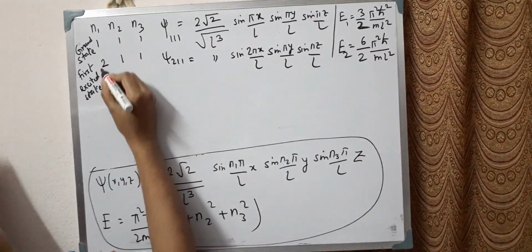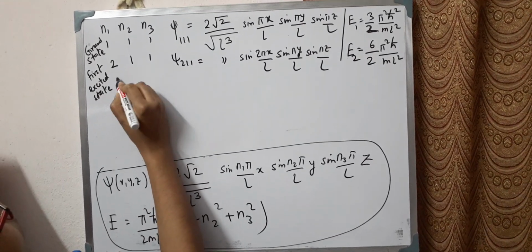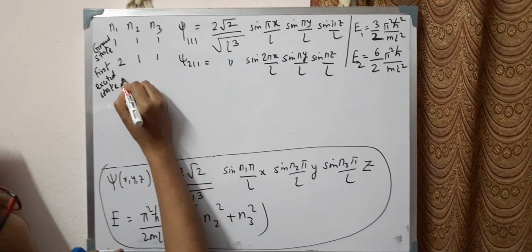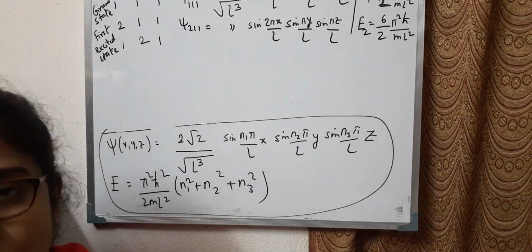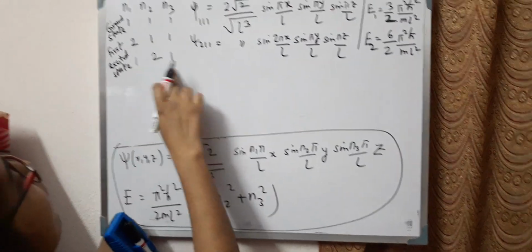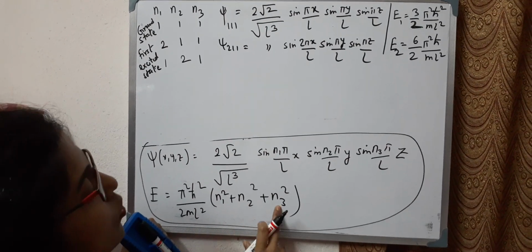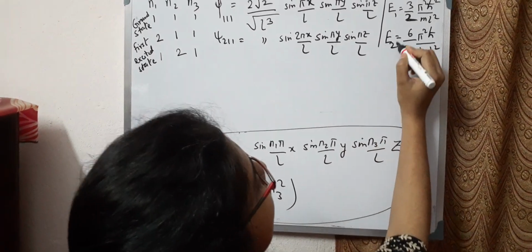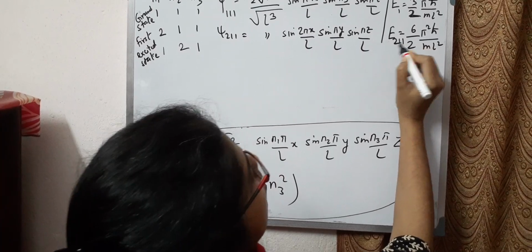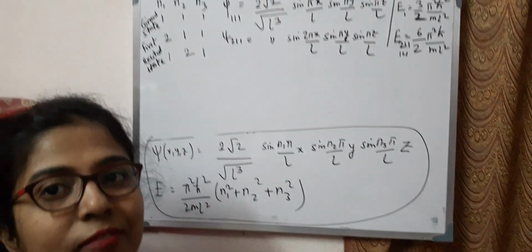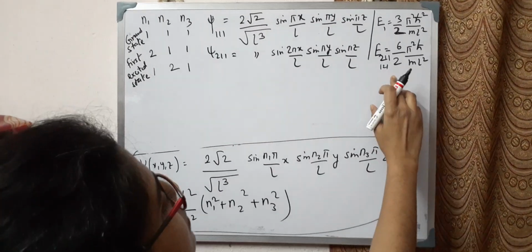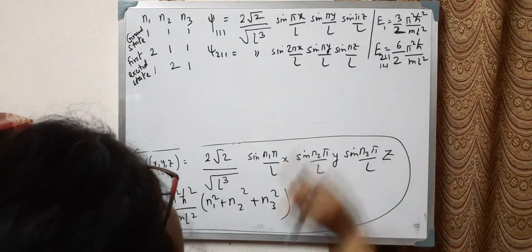Just take a note. I wrote here 2, 1, 1. If I recombine this and write it as 1, 2, 1, then the value of energy will be 1 plus 4 plus 1. I will get the same value of energy. So whether it is for 2, 1, 1 or 1, 2, 1, I am getting the same value of energy, 6 by 2 pi square h cut square by m L square.